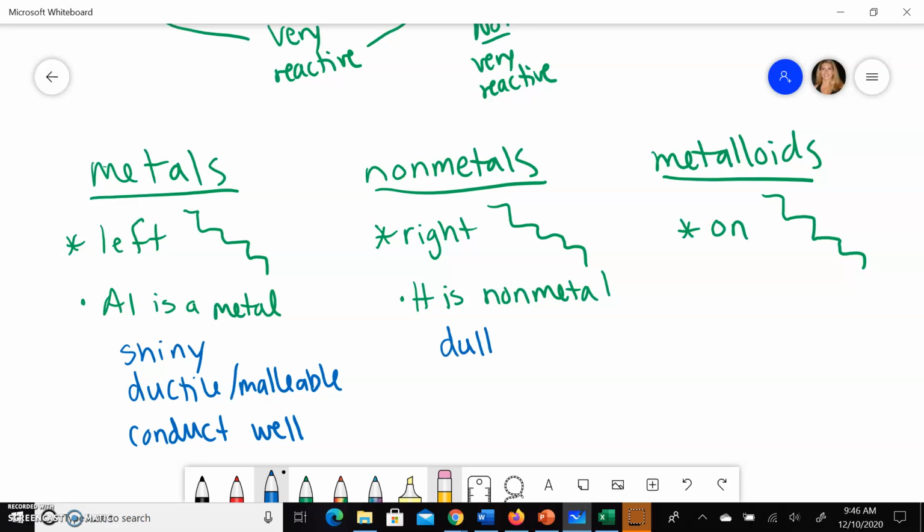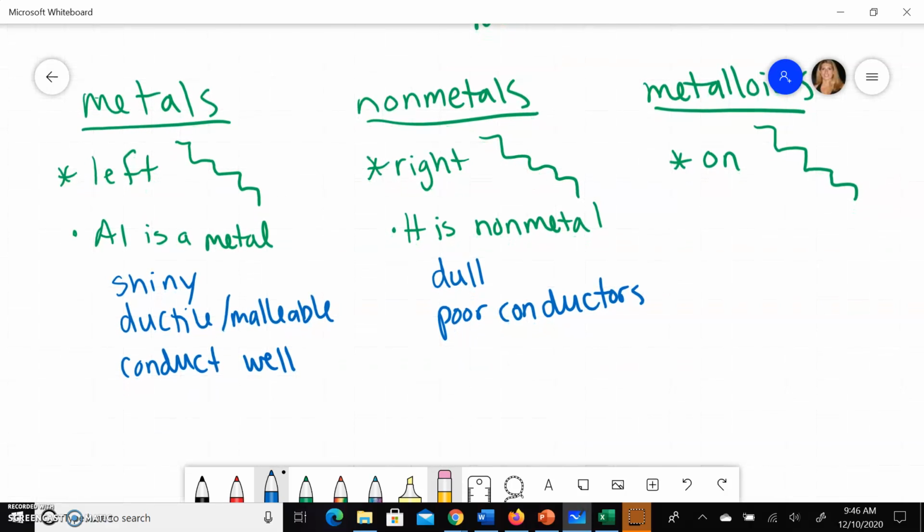They are dull, they do not conduct well, and let's go ahead and put the charges for each of these two. These tend to be positive, and these tend to be negative. The last ones are the metalloids, which we consider to be semiconductors, because they can conduct better than nonmetals, but not as good as metals.